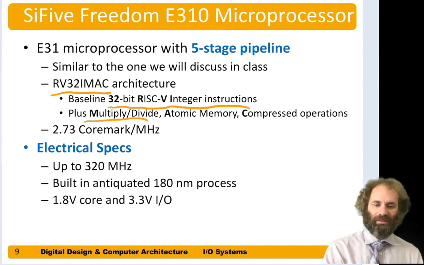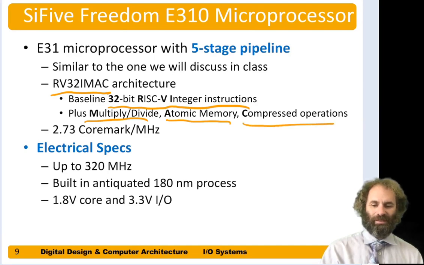The M is for multiply and divide, hardware multiplier and divider. A is for atomic memory operations, where you can do access that's not broken into pieces. And C is for compressed operations. They're instructions that are packed into 16 bits instead of 32 for code efficiency.